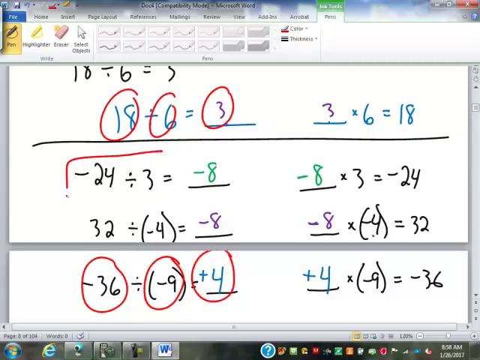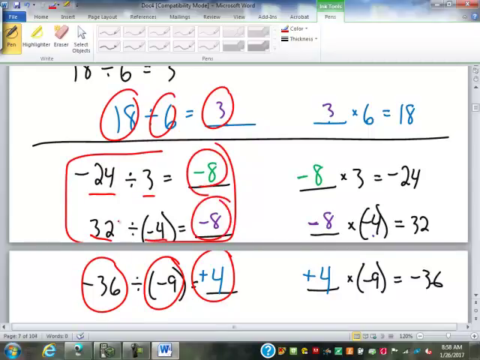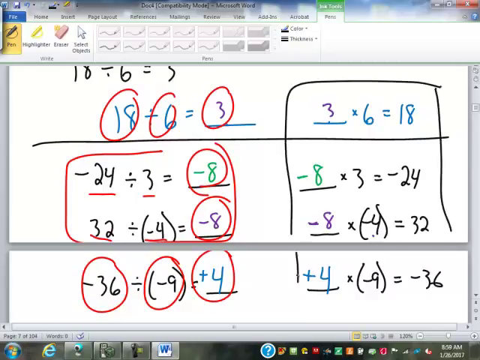If we have one of each, either a negative divided by a positive or a positive divided by a negative, the result is negative. So division follows the exact same rules as multiplication. So it's the only thing you have to remember with addition or subtraction. First of all, you make it addition, and then you do the vectors.